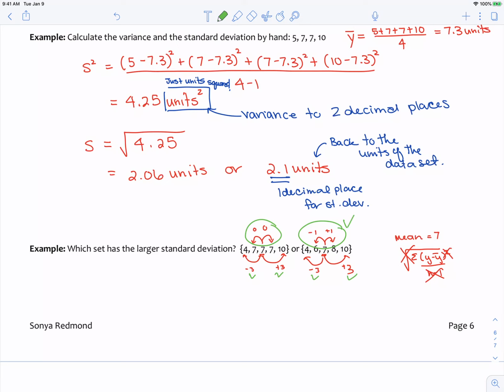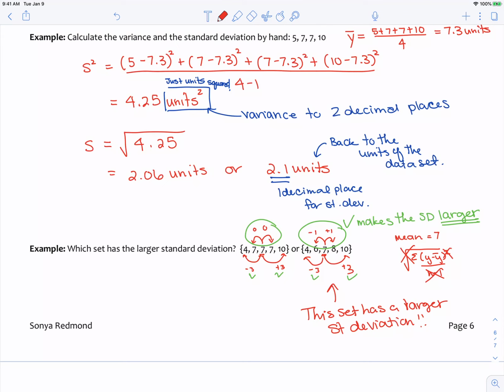So that's going to make the standard deviation larger, to have those data values with differences from the mean that are bigger than the other set. So this set has a larger standard deviation. Okay, just by taking a look at it that way.